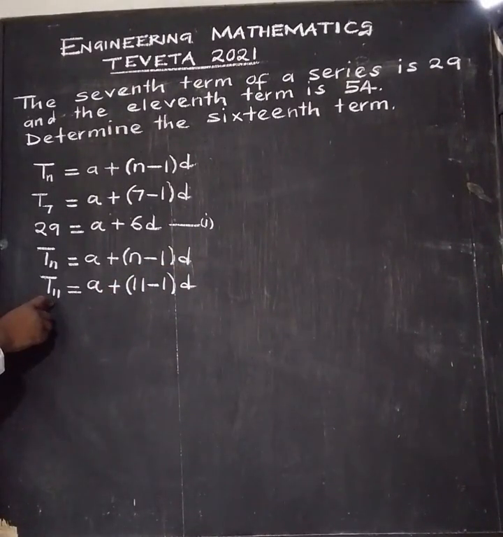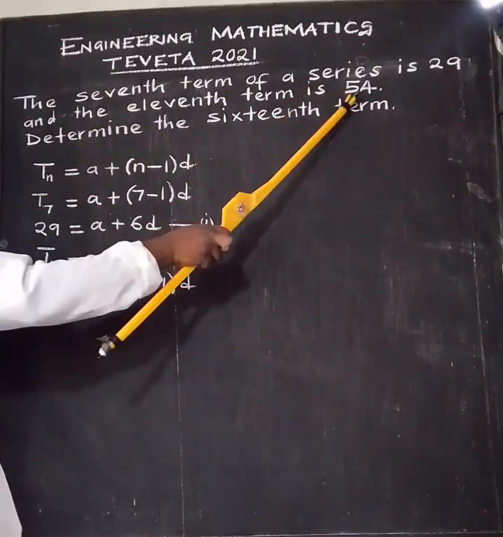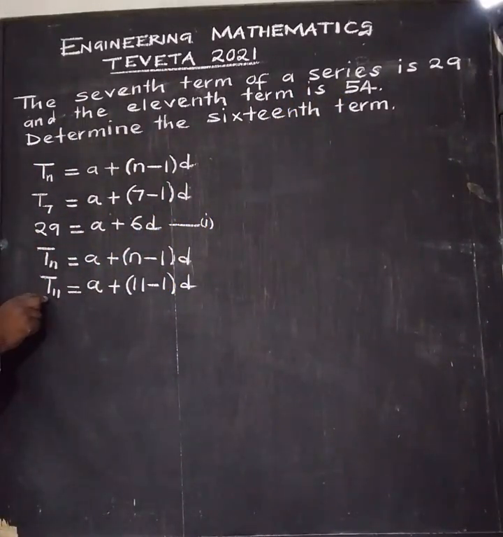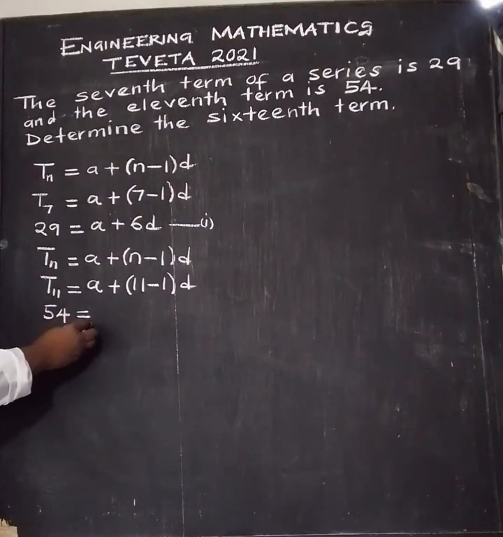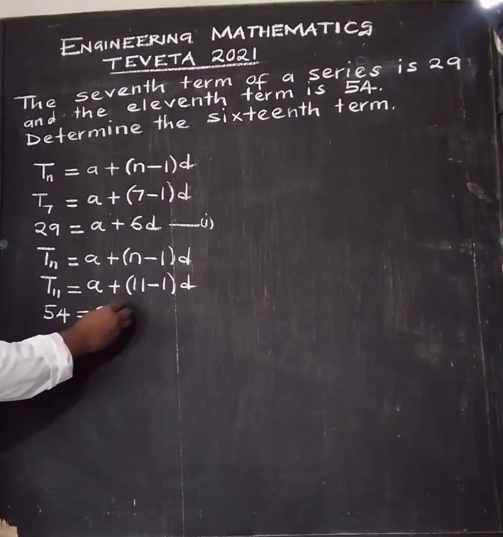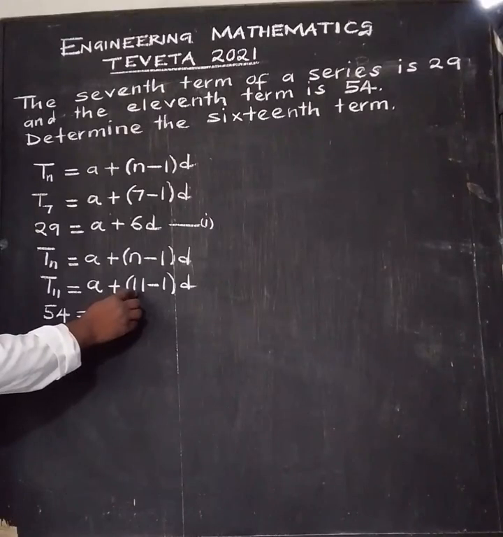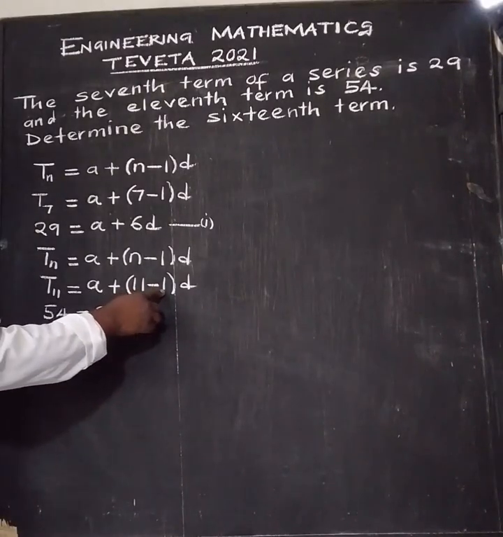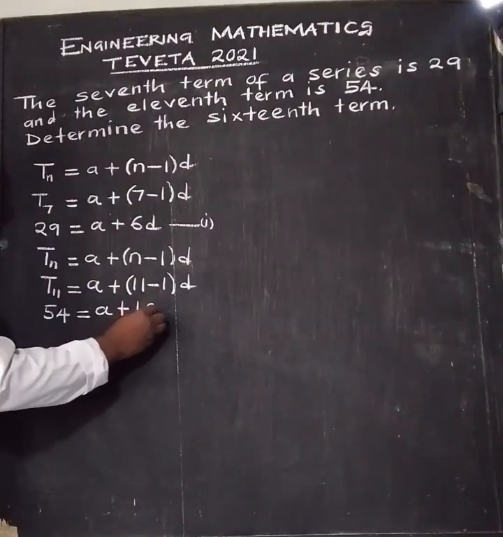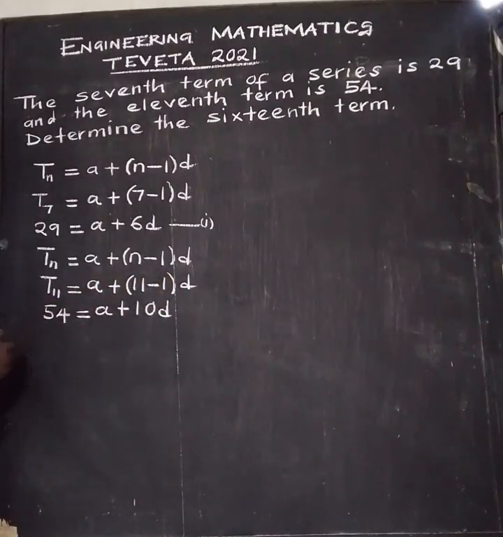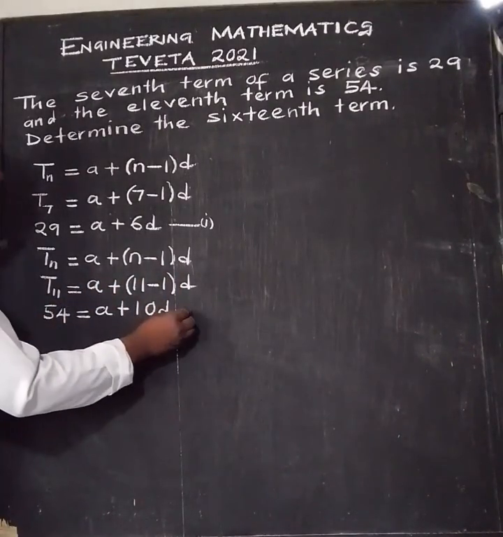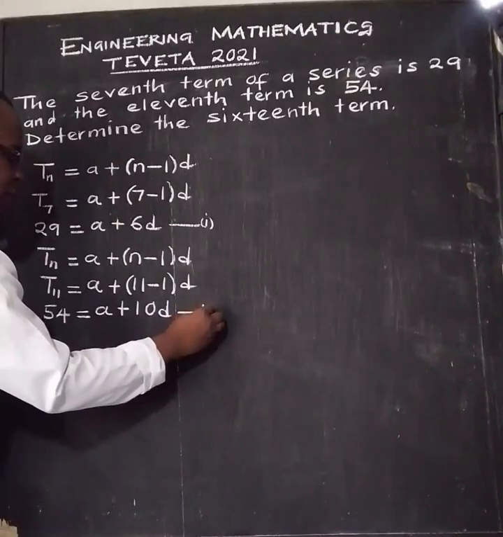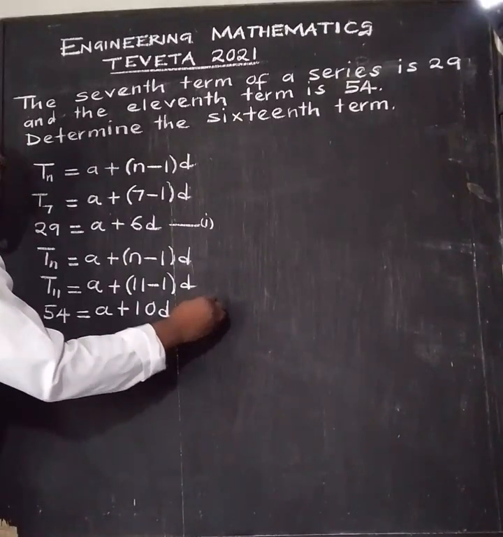Now the 11th term has been given to be 54. So where there is T11, you put 54, and you move on and say first term plus 11 minus 1, you get 10. 10 times d, you get 10d. So let's consider this one to be equation 2.